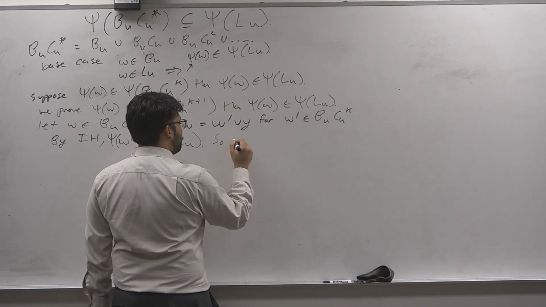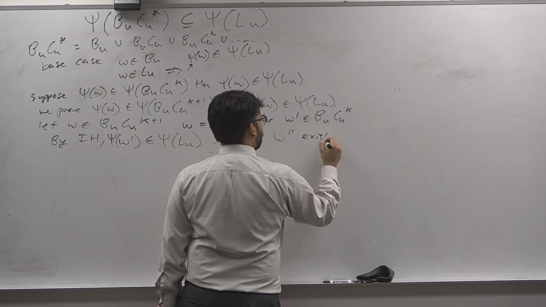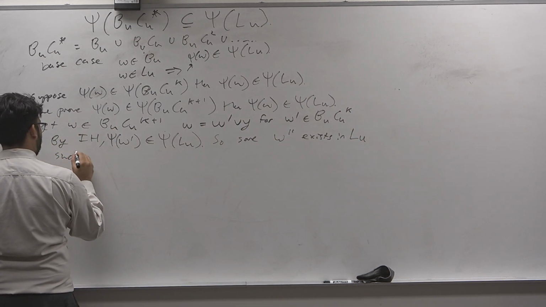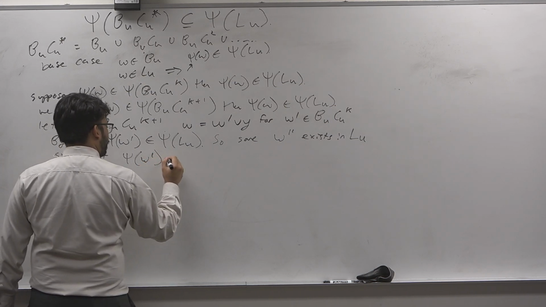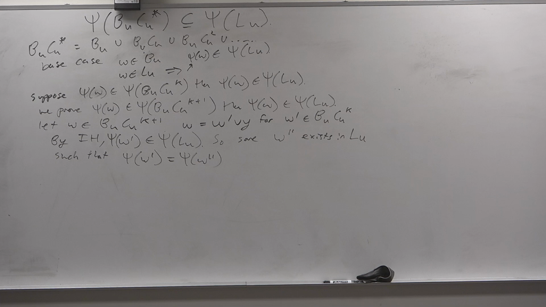So some W double prime exists in LU such that the frequency of W prime is equal to the frequency of W double prime, right? So W prime may not be in LU, but its frequency is in the frequency of LU. So there is some other thing in LU called W double prime that has the same frequency, whatever that happens to be, right?